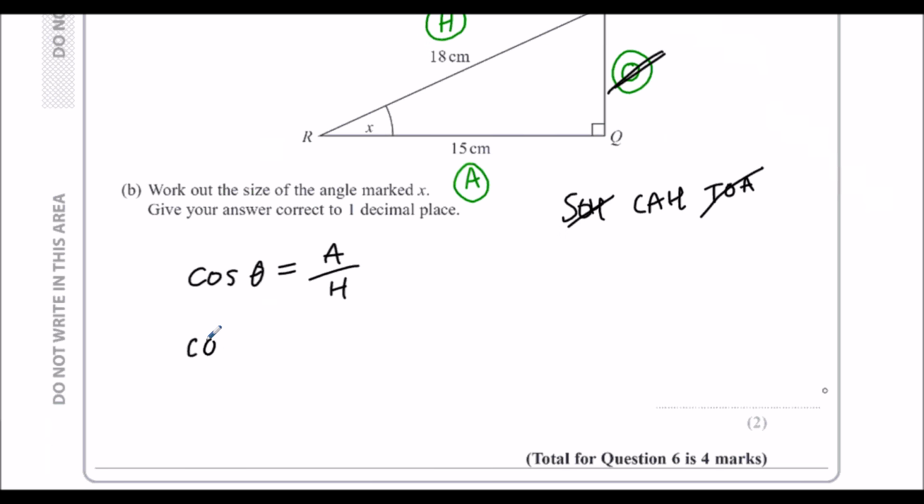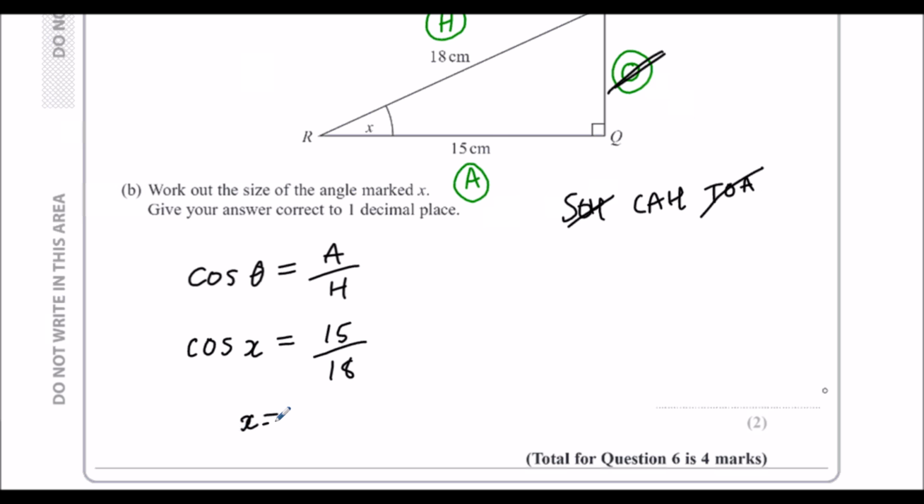So the angle's X, so cos X is 15 divided by 18. We need to solve the equation. We want x by itself. So we do the opposite of cos, and the opposite of cos is the shift cos. To get rid of cos, we shift cos.